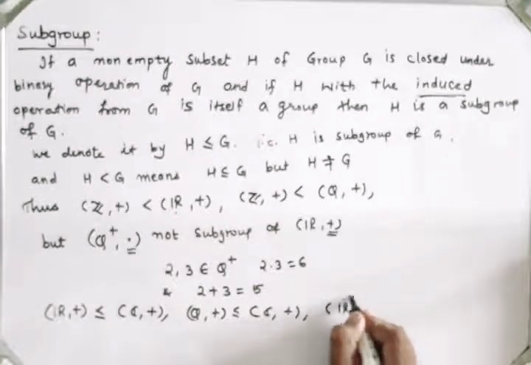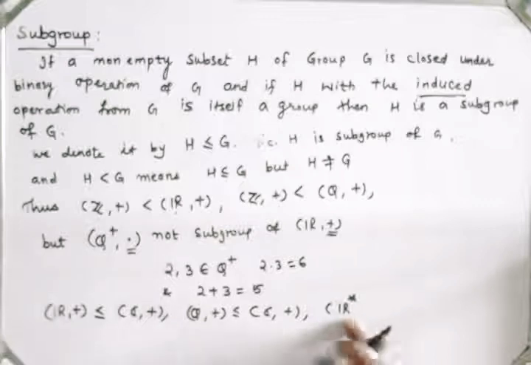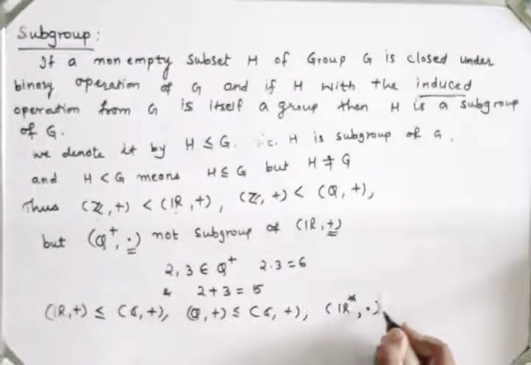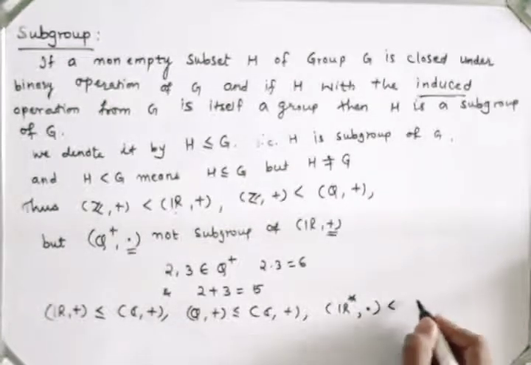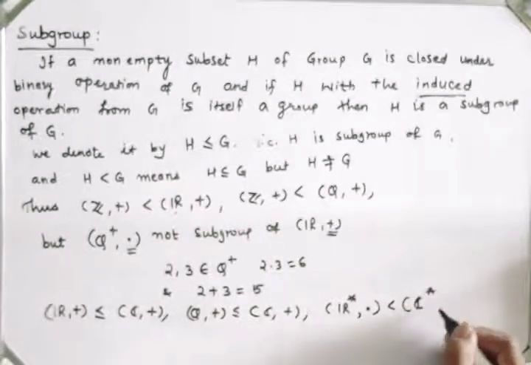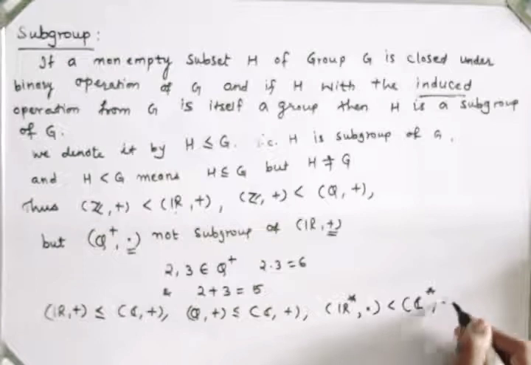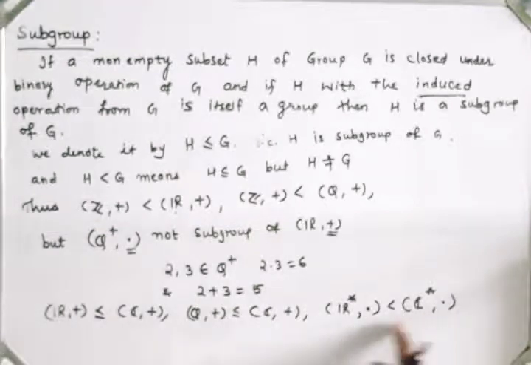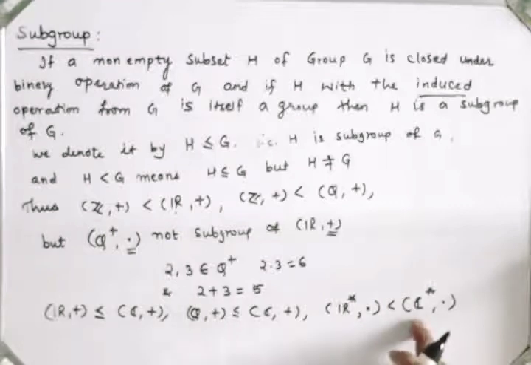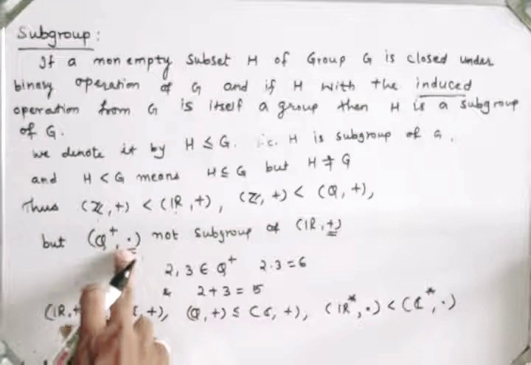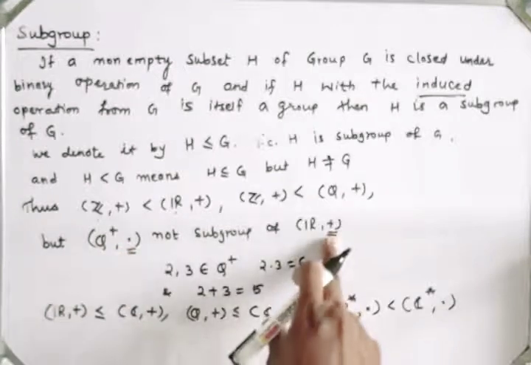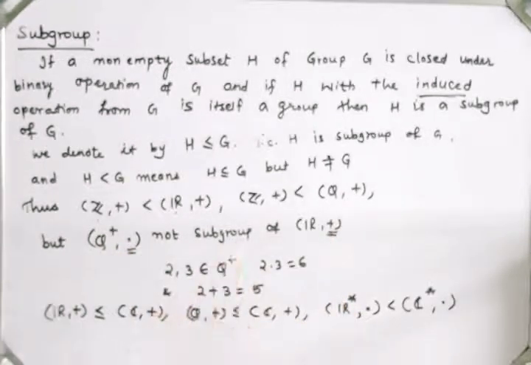Set of real numbers R star, non-zero real numbers under multiplication, is a subgroup of C star, the set of all non-zero complex numbers under multiplication. Here both operations are multiplication, therefore R star under multiplication forms a subgroup of C star under multiplication. Here in this example, the operation is multiplication and here the operation is addition, therefore this is not a subgroup.